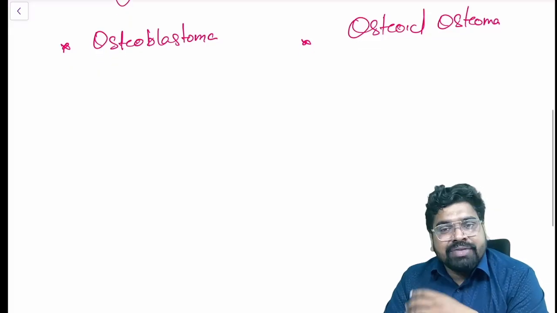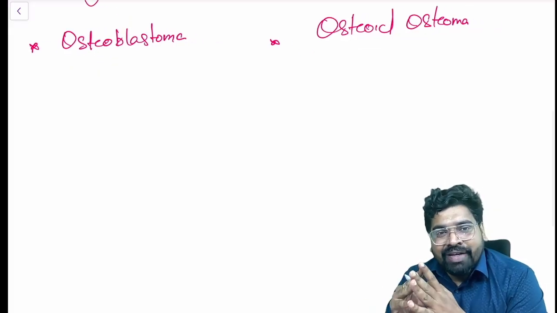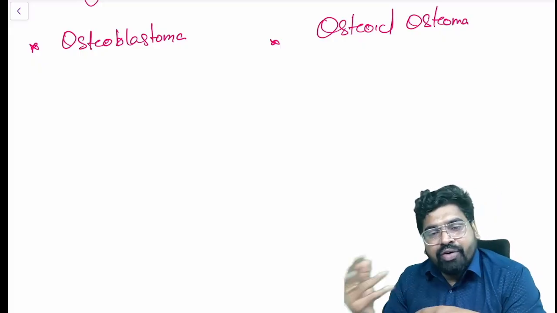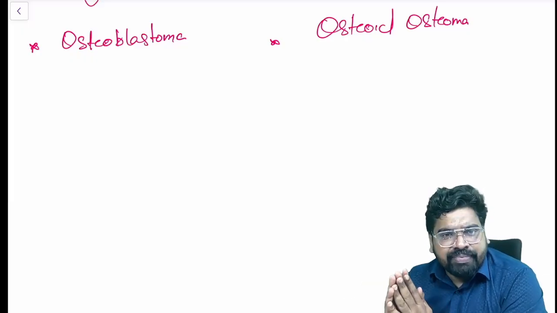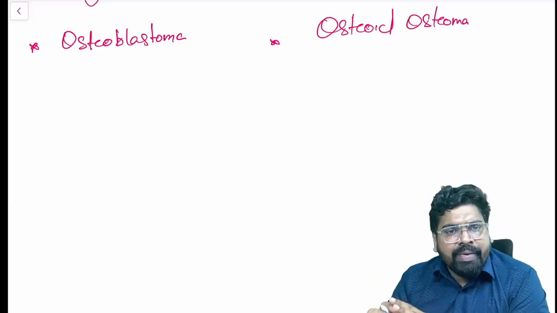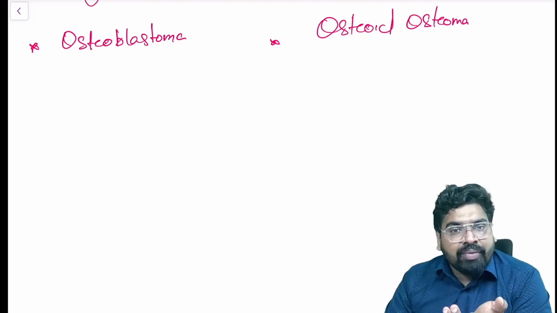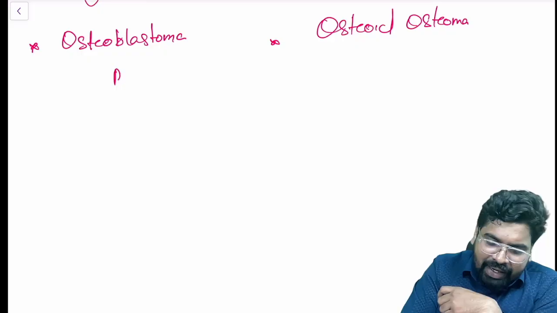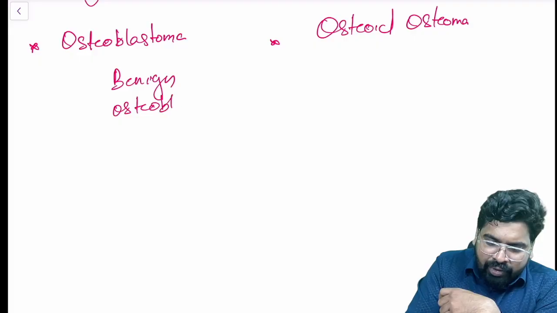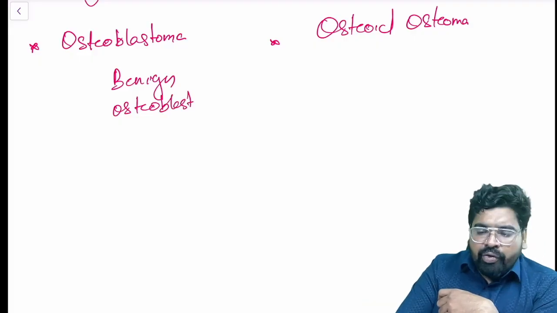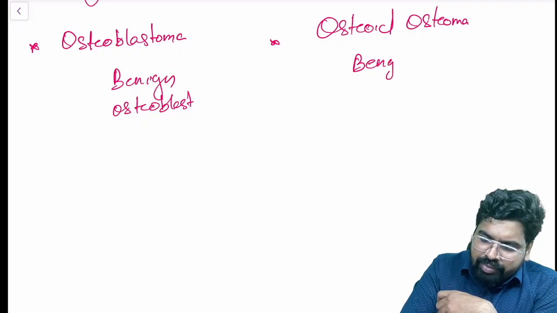These terms will look very confusing to you, right? So what is the difference between all these? You understand osteoma. Now let's see osteoblastoma. Osteoblastoma is also a benign tumor of your osteoblast. Similarly, osteoid osteoma is also a benign tumor of your osteoblast.